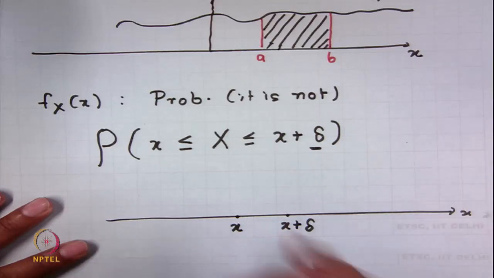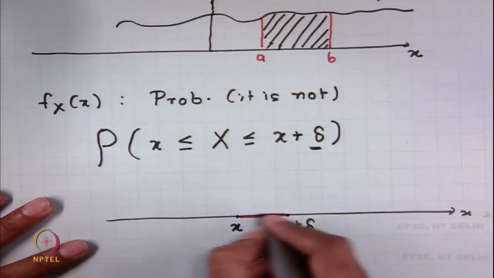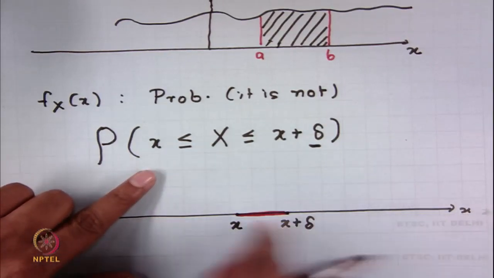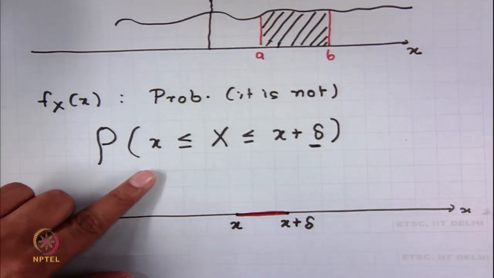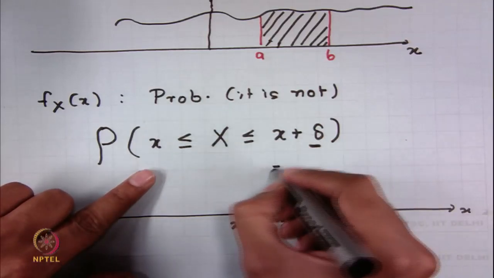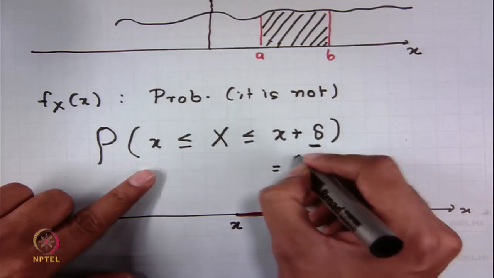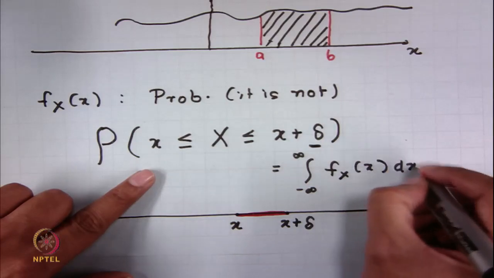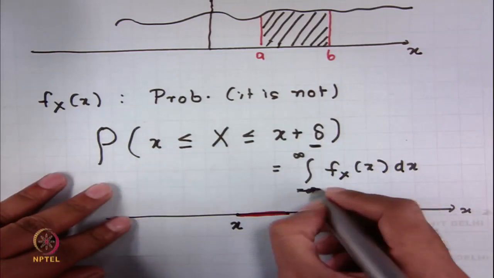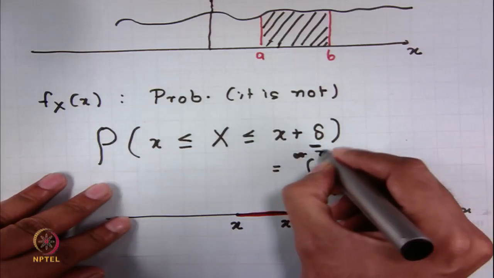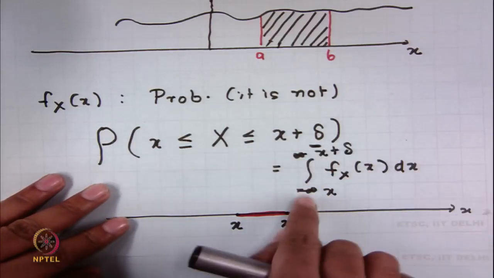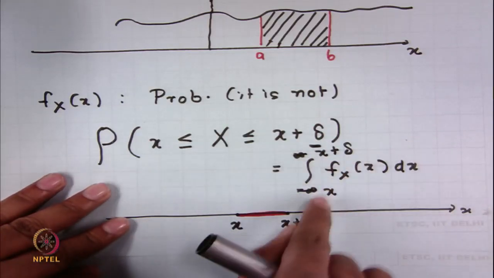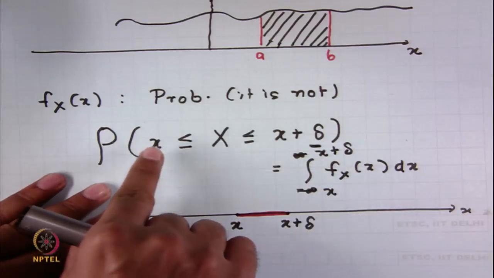So, x plus delta is this line. What I am asking is what is the probability that a random variable takes a value on this line, and to calculate that, if I use that expression, here I have to change the limit going from x to x plus delta, instead of minus infinity to plus infinity, or instead of a and b, because I am interested in finding the probability of a random variable taking values between x and x plus delta.